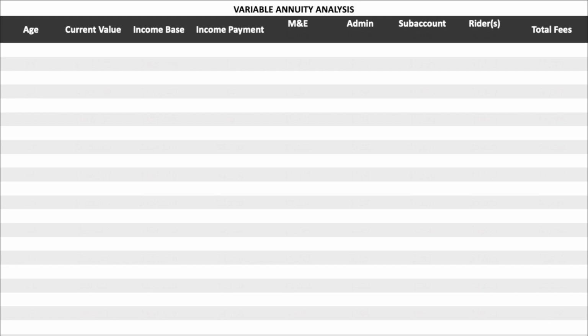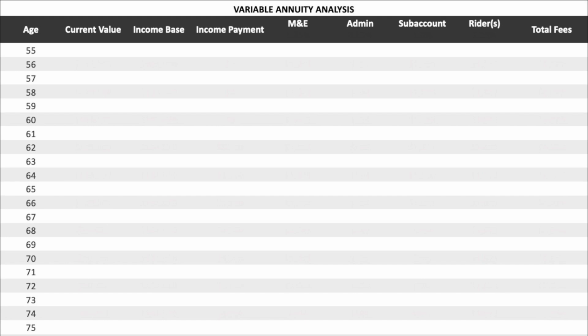Now, if you're familiar with Excel or Google Sheets, you can duplicate this, or you can easily do this with a simple notepad and some basic manual math. Now, for purposes of our example here, I'm going to assume that this is for someone who's 55 years old, so we can see what happens on both sides, both before someone is taking an income, and then what happens once the income starts.